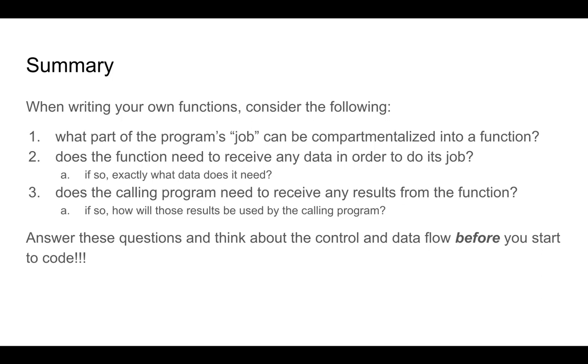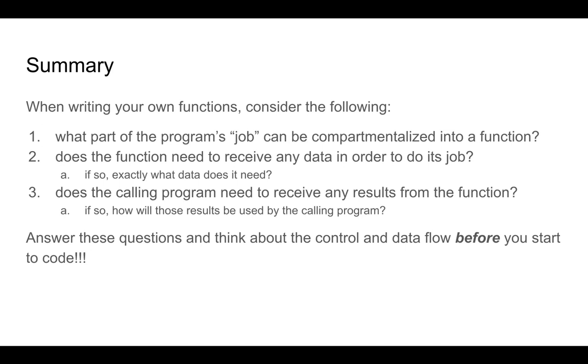You want to think about whether the function needs to receive any data in order to do its job. And if so, exactly what data does it need? And you should think about whether the calling program needs to receive results from the function, which is connected to the job that the function is doing. So you need to be clear on how the results will be used by the calling program.